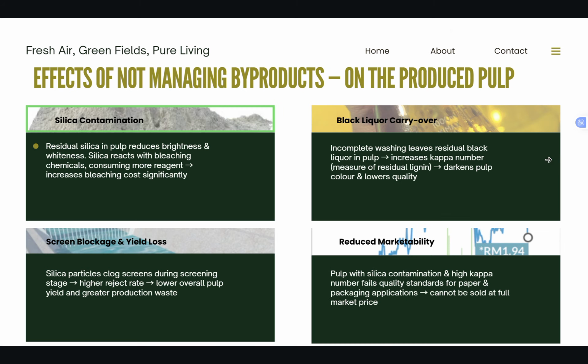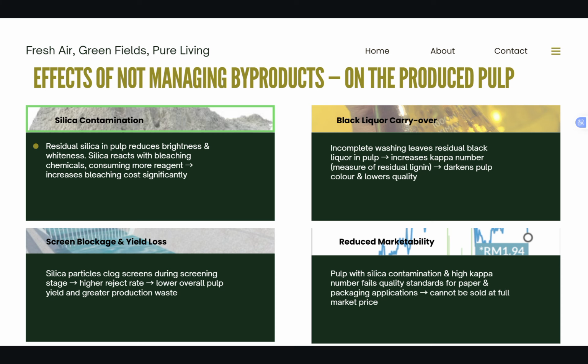So, what are the effects of not managing the byproducts on the produced pulp? If these byproducts are not properly managed, they affect the pulp quality. But how? For example, silica contamination reduces the brightness, which causes more reagent to be consumed and increases bleaching cost significantly.